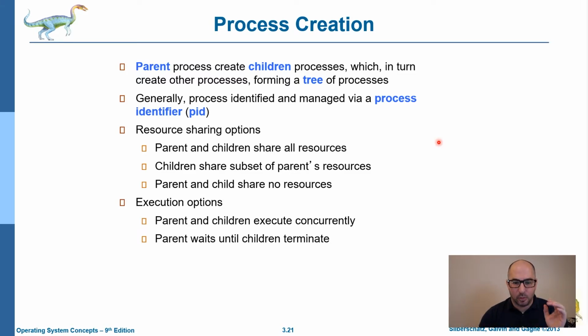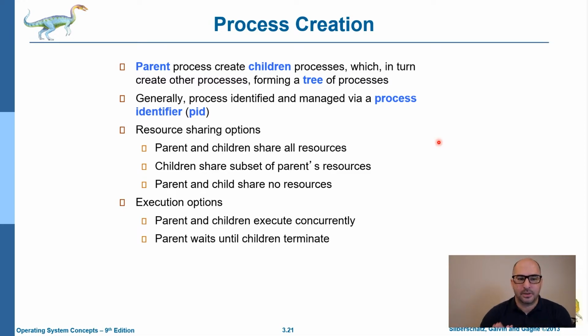The process that requested a new process be created is called the parent, and the new process is called the child. This relationship creates a hierarchy of processes, parents and children. That's a tree with a single root. And then processes, after they are created, have some kind of identifier, typically a number, which we call the PID, the process ID.